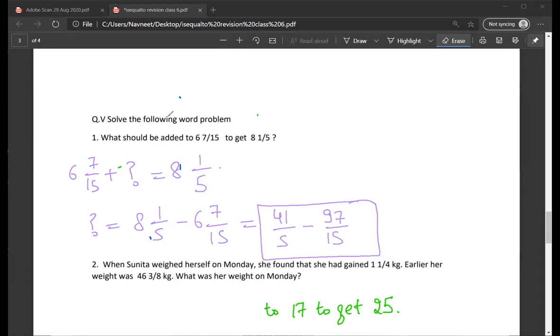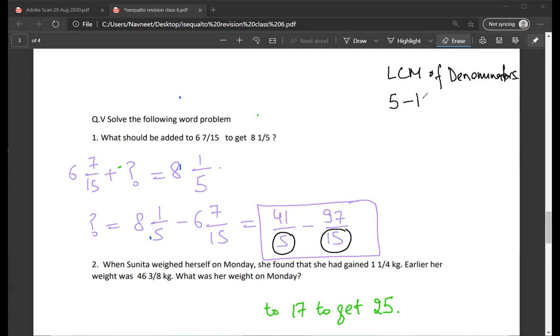Yes, sir. Now, Mr. Satya, when we need to subtract these fractions, you need to understand that we need to find the LCM of the denominators. Satya, have you understood? Yes, sir.